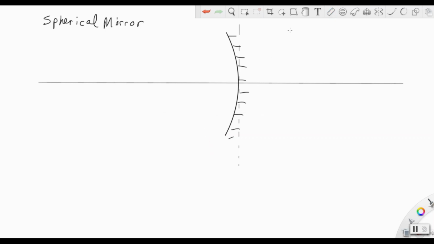If we take our rays, just like we did before, we take a ray and we bounce that ray off of the mirror.